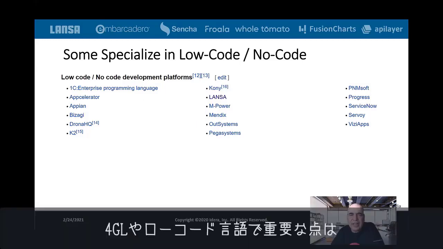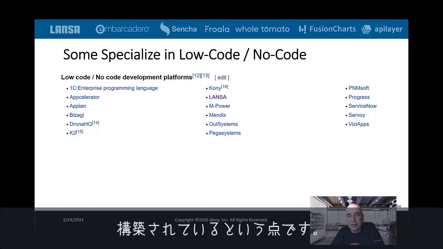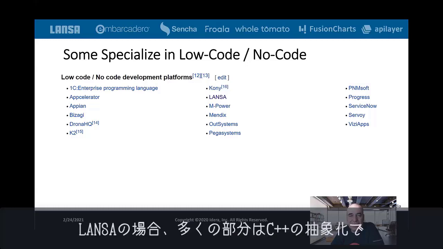What is important to note about fourth generation languages or low-code languages is that in many ways they're built on top of existing third generation languages. So if you look at Lanza, the majority of Lanza is built essentially as an abstraction of C++.